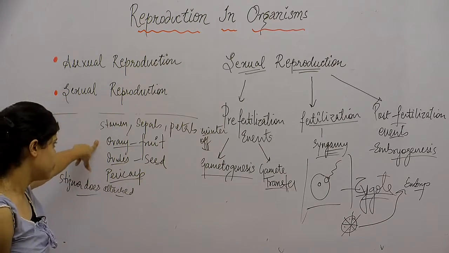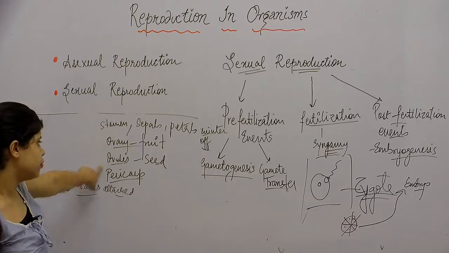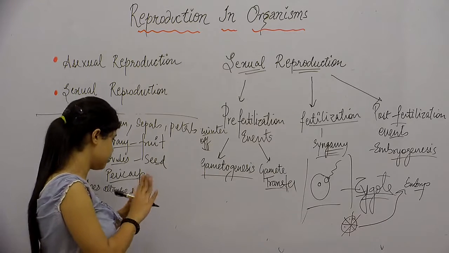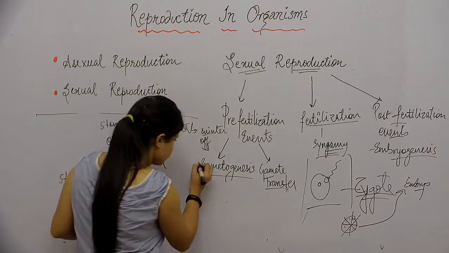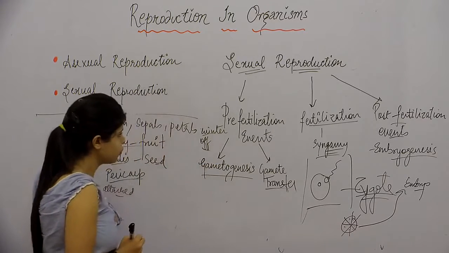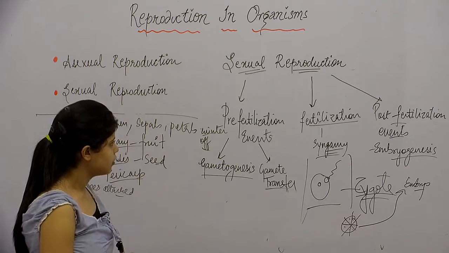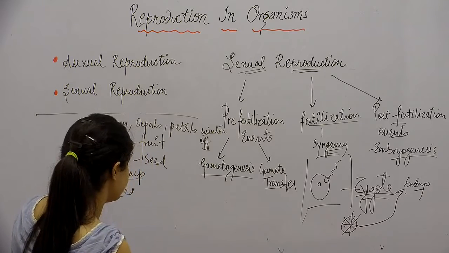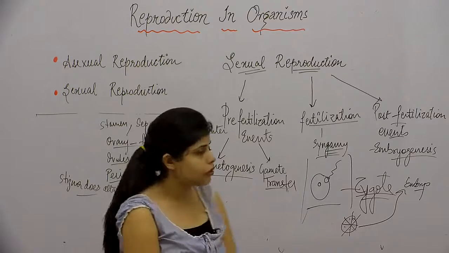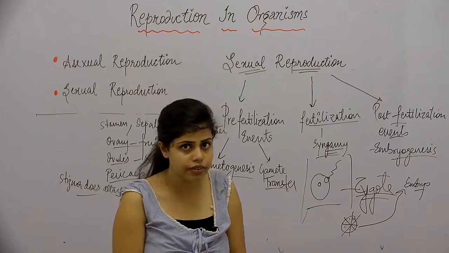There's this ovary that develops into fruit, the ovules into seed, and there's this covering which is known as the pericarp, or in Hindi we call it the chilka of the fruit. So these are the various events that are under sexual reproduction. So this was all under reproduction in organisms. Thank you.